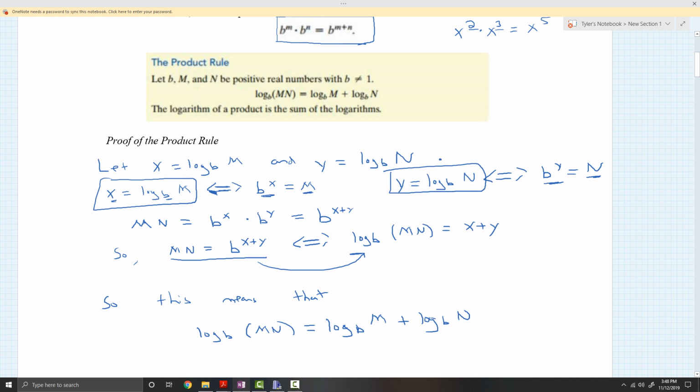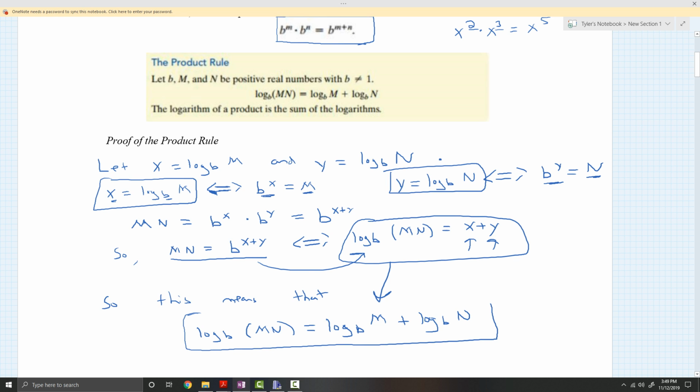All I did was substitute in for x and y into this equation here and came up with this, which is exactly what we were trying to show. So both sides must be equal. This is a direct proof. We're able to directly prove that that property is true using exponent properties.